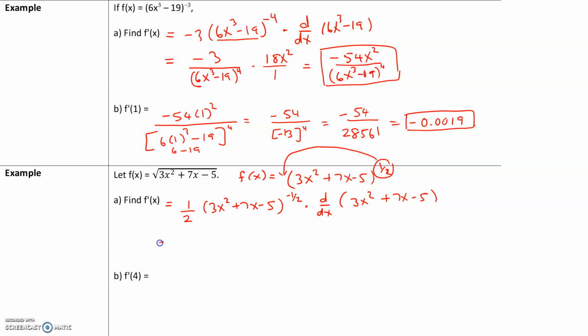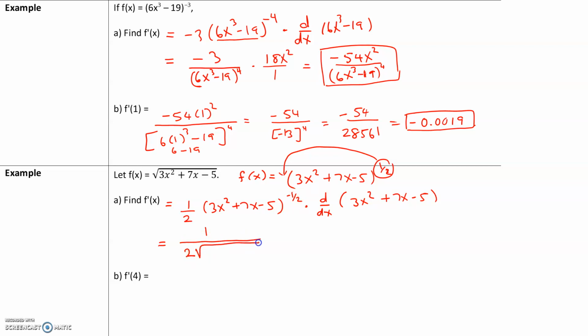Okay, let's continue simplifying. The negative 1/2 needs to be moved to the denominator because remember, we cannot leave a negative exponent in our final answer. So it's going to go to the denominator. And remember, 1/2 is just going to be square root.